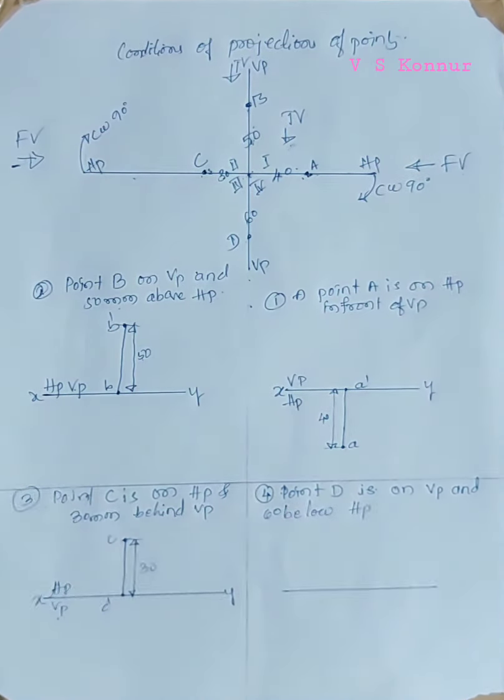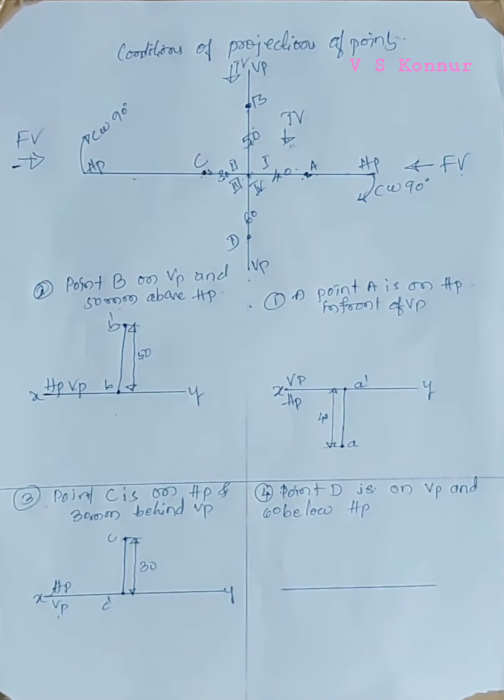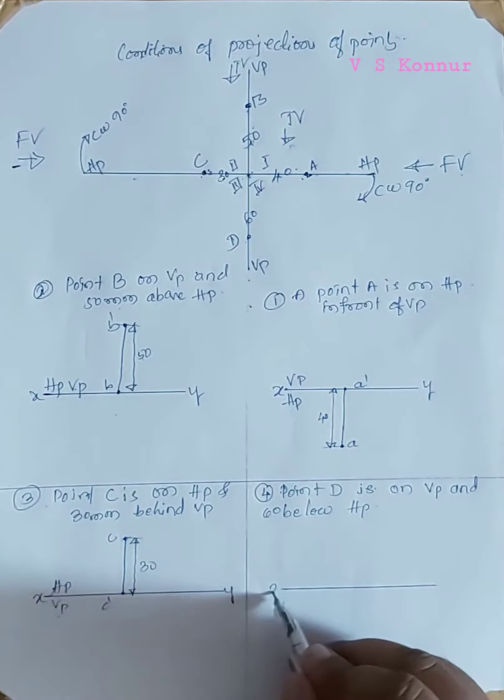You can define it as: D is on vertical plane and 60 millimeter below horizontal plane. Now, this is the XY line.